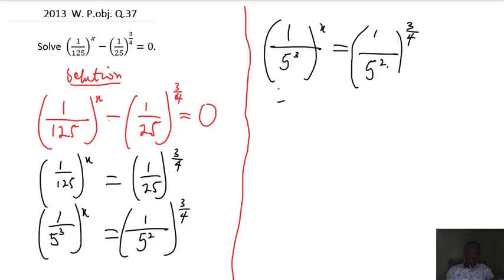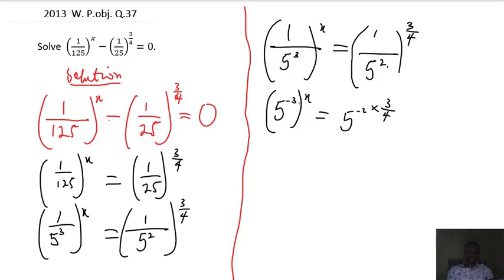Instead of 1 over 5^3, we can write the reciprocal, so 5^(-3), then exponent x, and this one too can be written as 5^(-2) times 3/4.